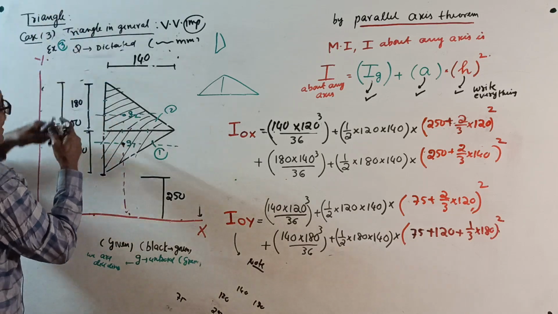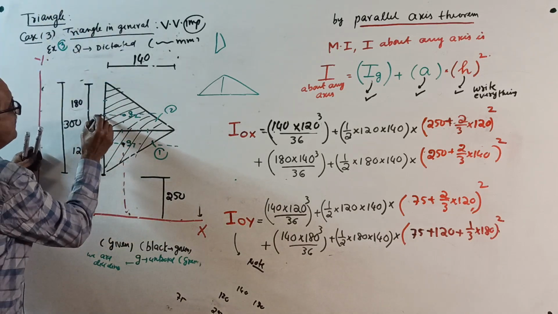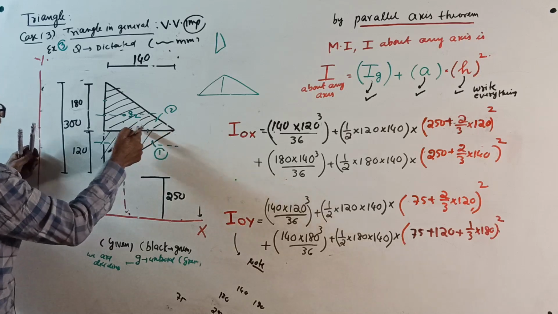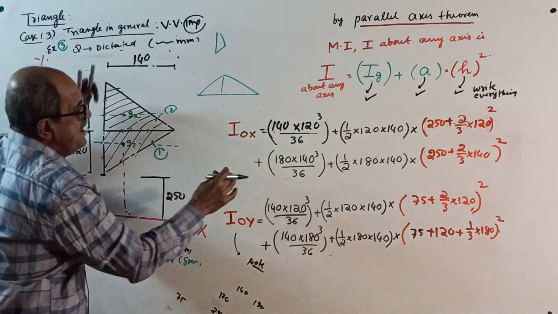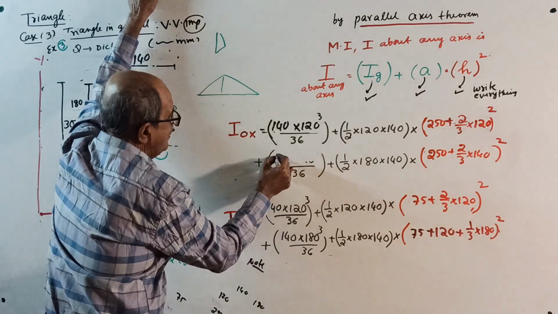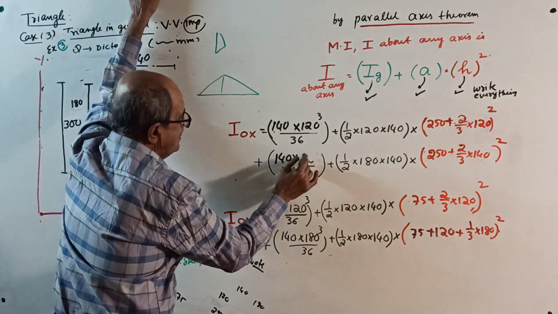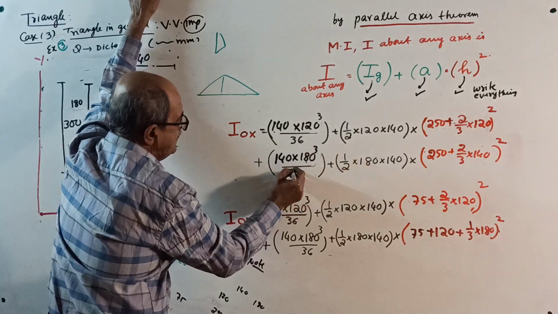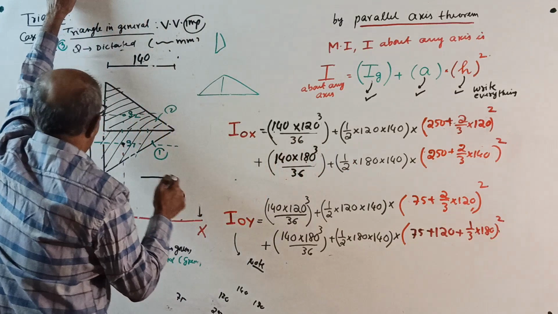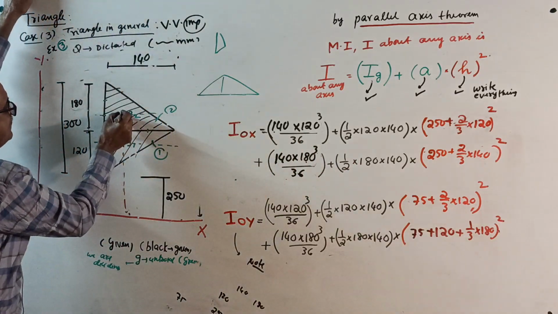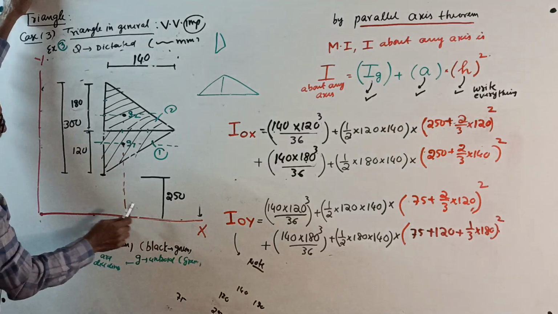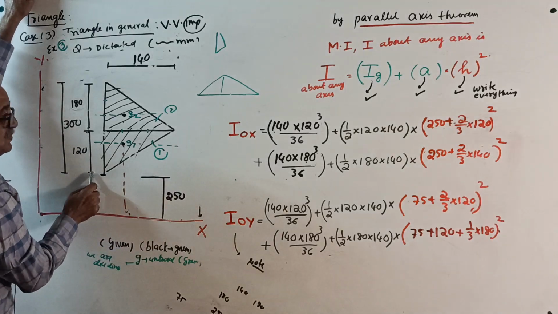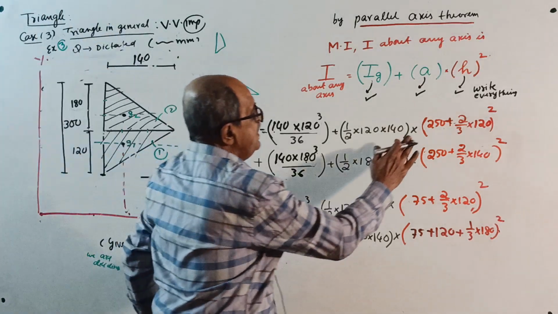And for this one, I about first its own axis. What is 140 into 180 cube by 12? Not 12, 36. 140 into 180 cube by 36. Plus area, half base into height into, the centroid from here is 250 plus 120. See here.